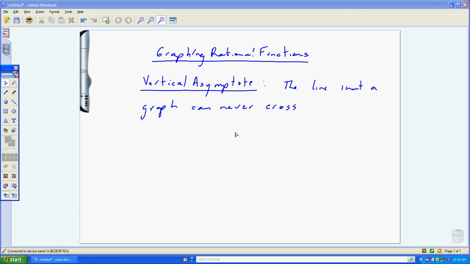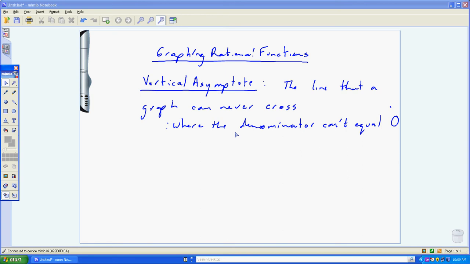Okay, so where the denominator can't equal 0. That's messy. Okay.